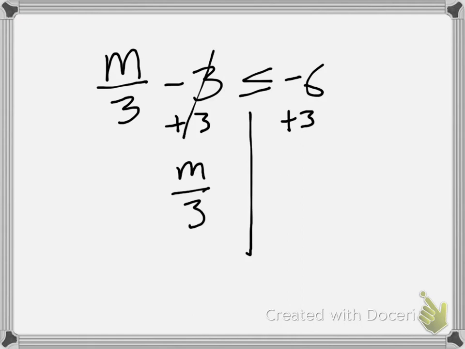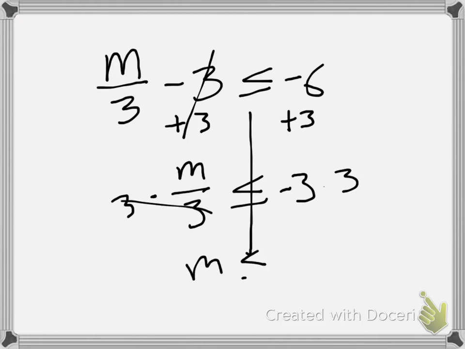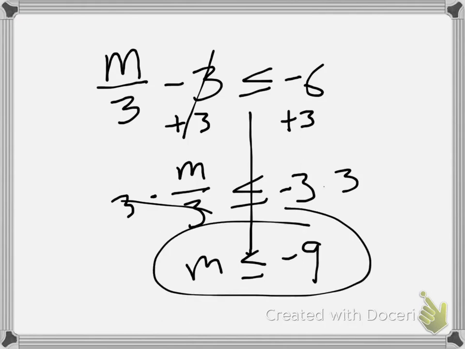We didn't multiply or divide by a negative, so we keep our sign the same. And negative 6 plus 3 is negative 3. Now to solve for m, I have to get rid of the division by 3, so we multiply by 3. Those cancel, so I get m is less than or equal to negative 9. Again, I didn't multiply or divide by a negative number, so I didn't have to flip my sign. If you need anything from this problem, go ahead and get it down.